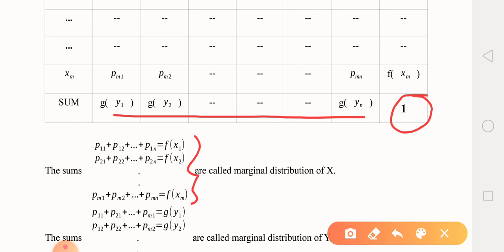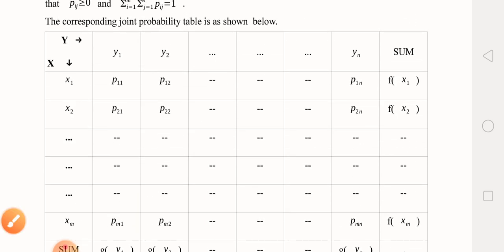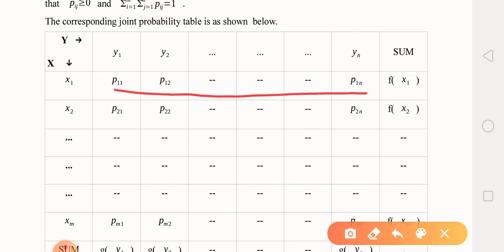Here again, one more thing is these sums. P11 plus P12 plus up to P1n is equal to f of x1, which means here I am considering these sums and I have used the notation f of x1. Next, P21 plus P22, so on P2n is equal to f of x2.